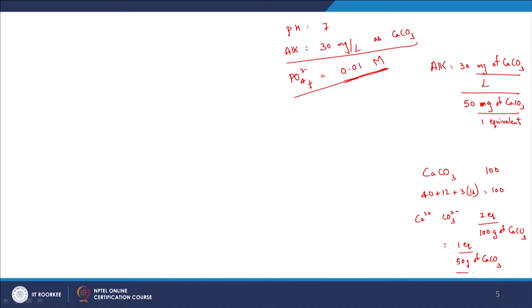Anyway, that is the background here. So, we end up with 30 into 10 power minus 3 by 50 equivalents per liter, which is 3 by 5, 0.6 or 6 into 10 power minus 4 equivalents per liter, right. So, that is something that we just have as a background.